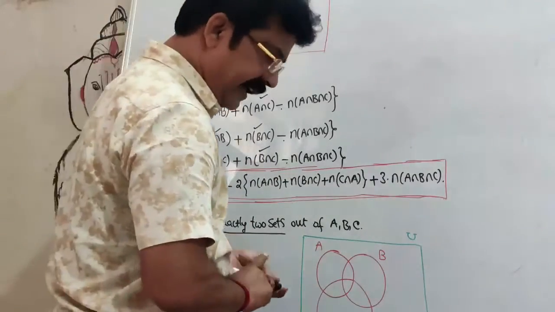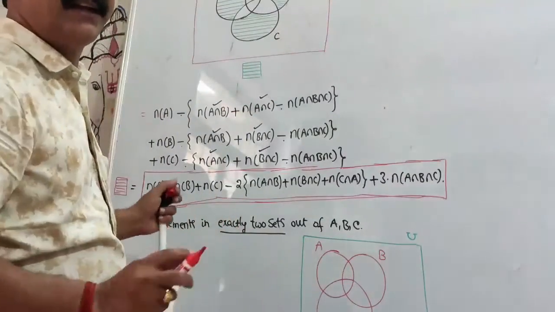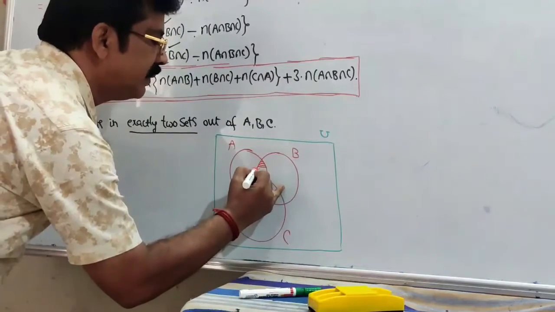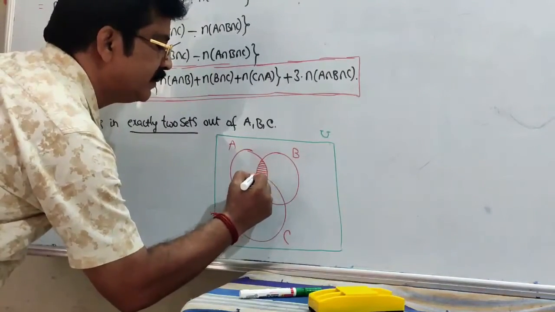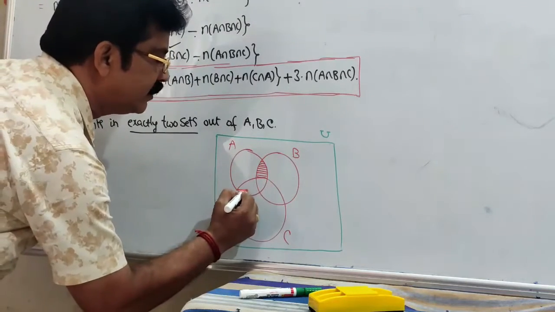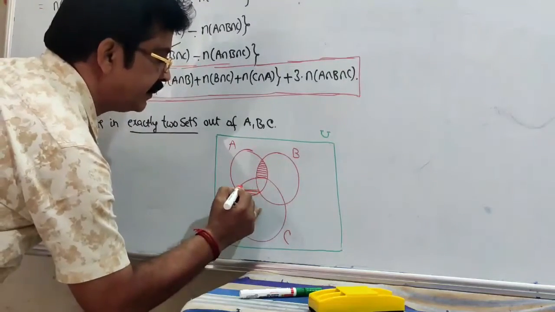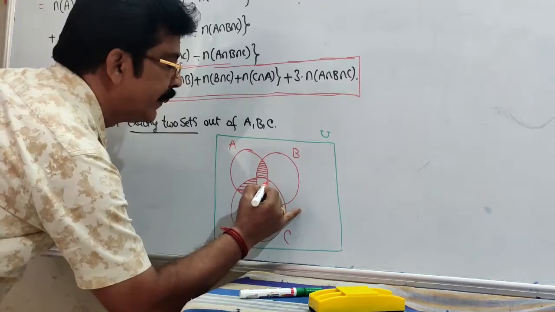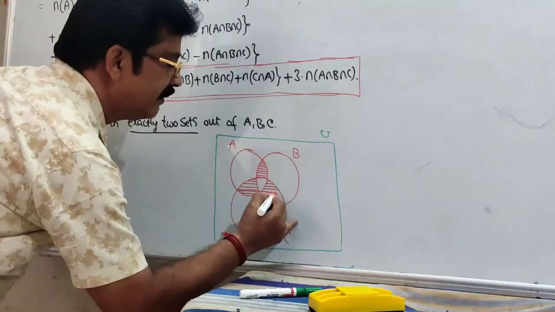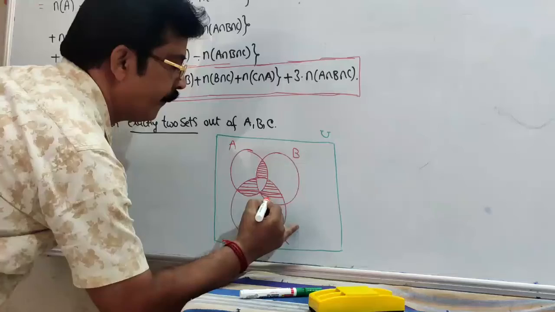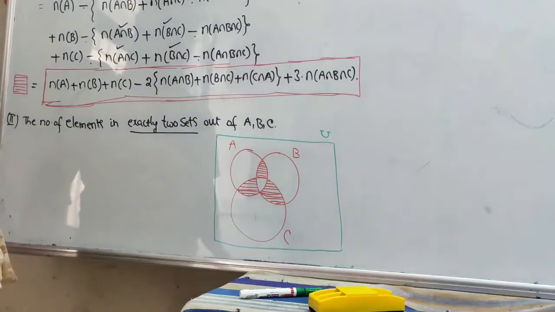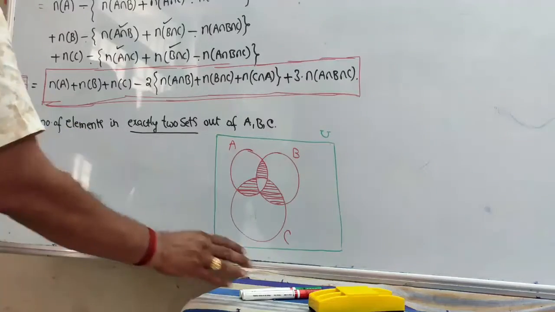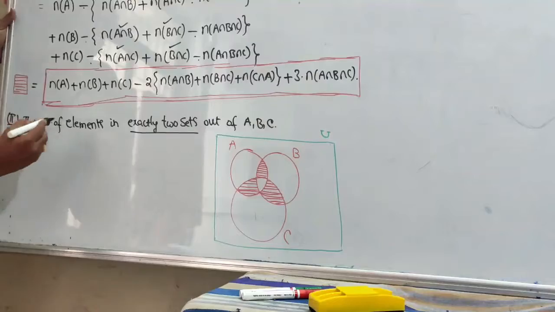Exactly 2 means I will shade the required area. This is our required area. Understand?